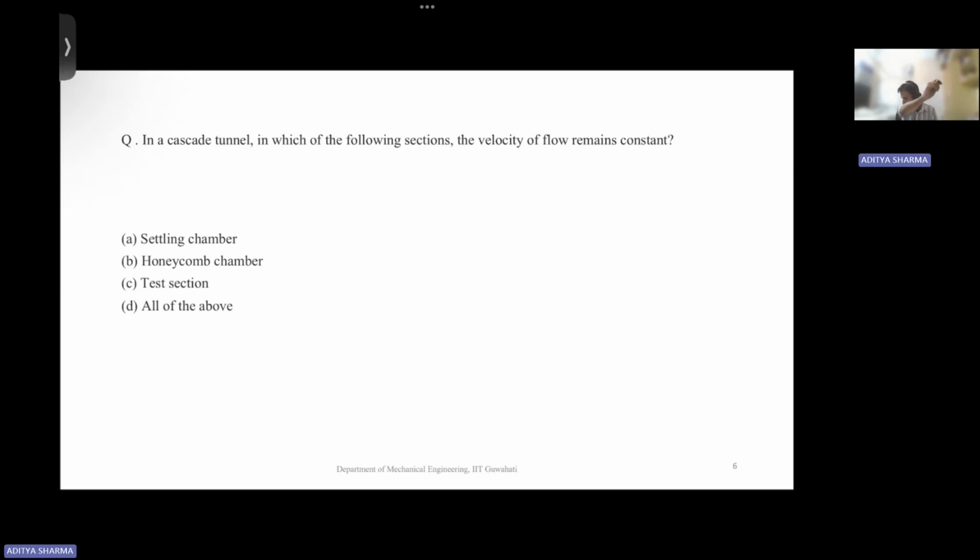Four options are given: one is your settling chamber, one is your honeycomb chamber, one is your test section, and the fourth is that all the options are correct.